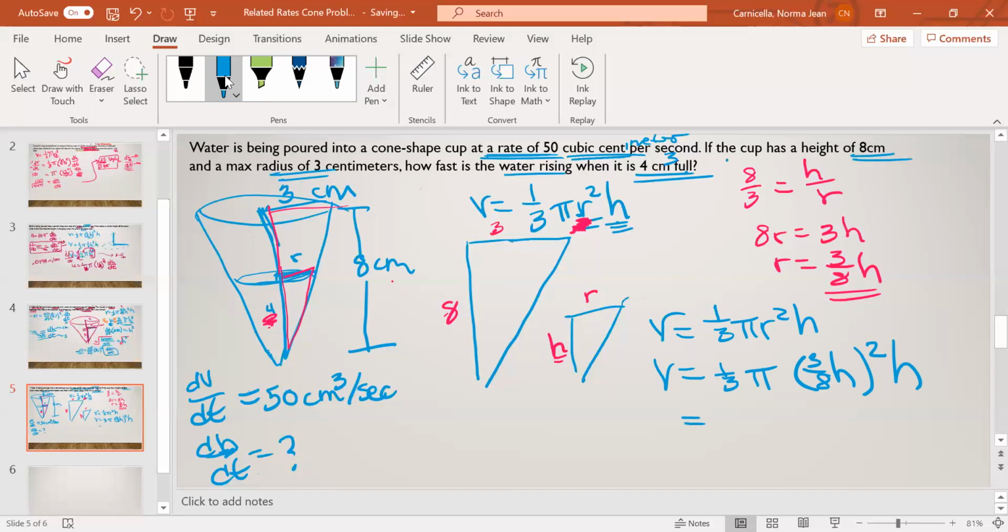And that's going to equal 9 pi h to the third, because you're going to square this, all over 64 times 3, but I'm going to leave it like this so that I can cancel and work it out.